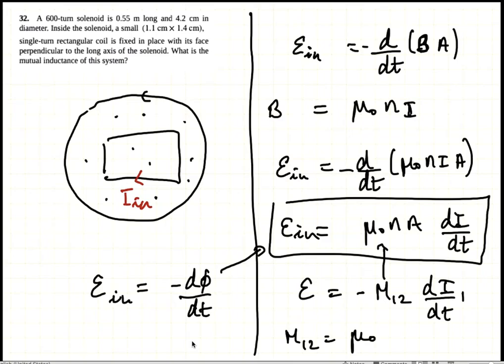So the mutual inductance is mu naught n area. Again, n is the number of turns per unit length in the solenoid, and A is the area of the rectangular coil. So that's the mutual inductance.